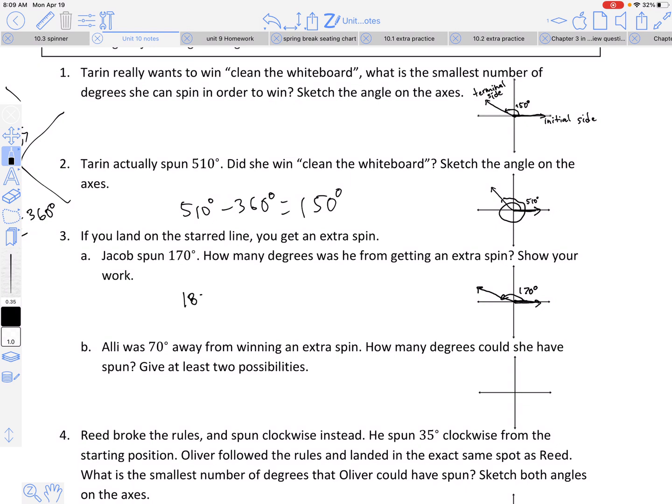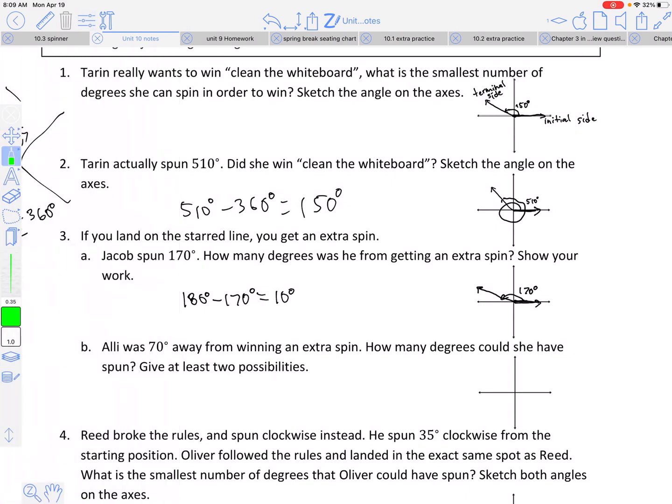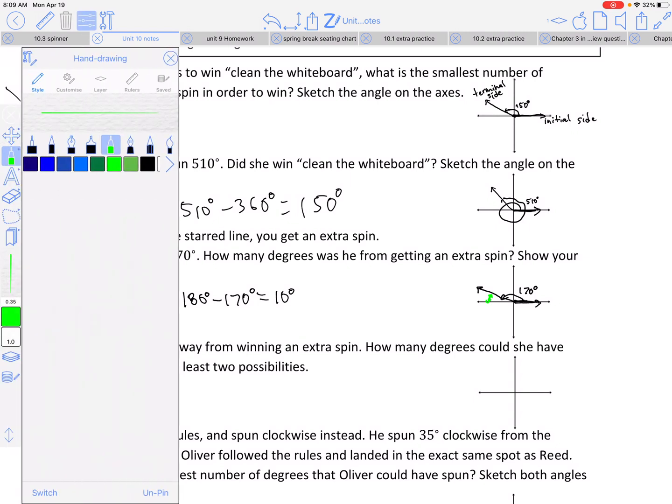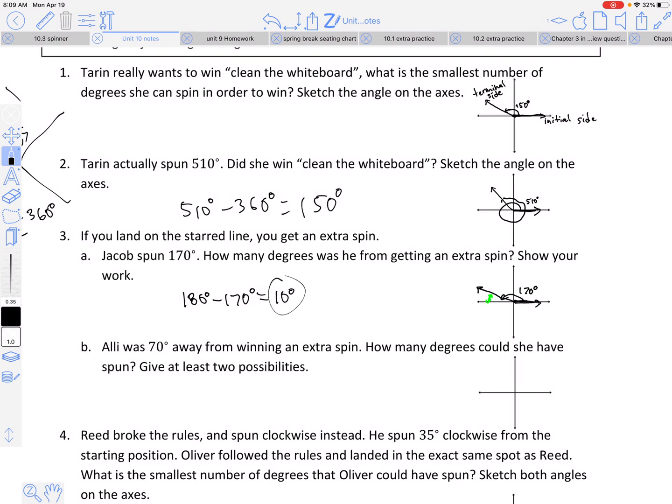Okay, so he had 180 degrees minus 170 degrees equals 10 degrees, right? That's just thinking about how far away he was. So let's draw that in here. Okay. So he was 10 degrees off.